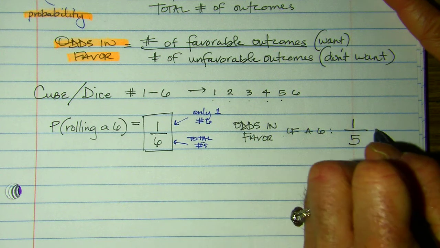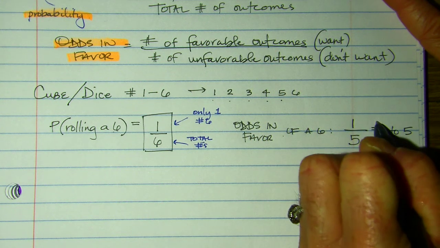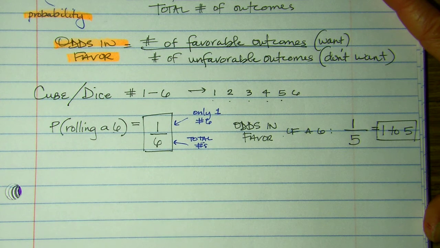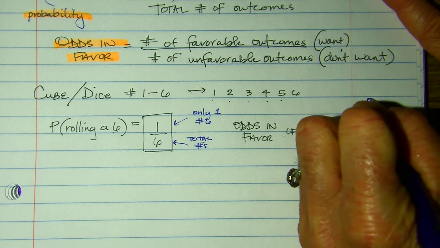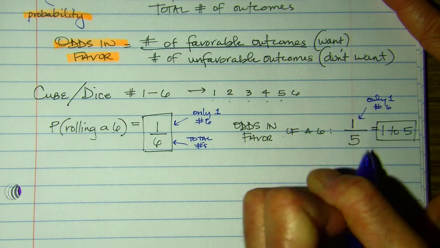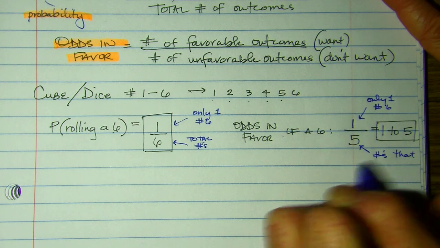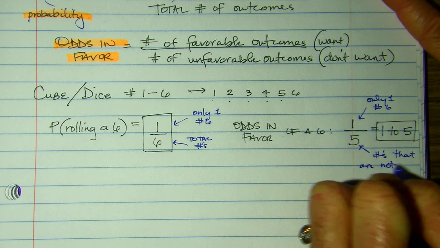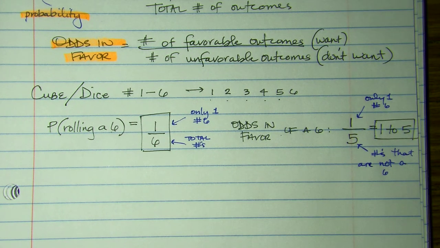This is also written as 1 to 5. So let's go over the difference. On the top, this is still only one number, the 6. On the bottom are numbers that are not a 6.